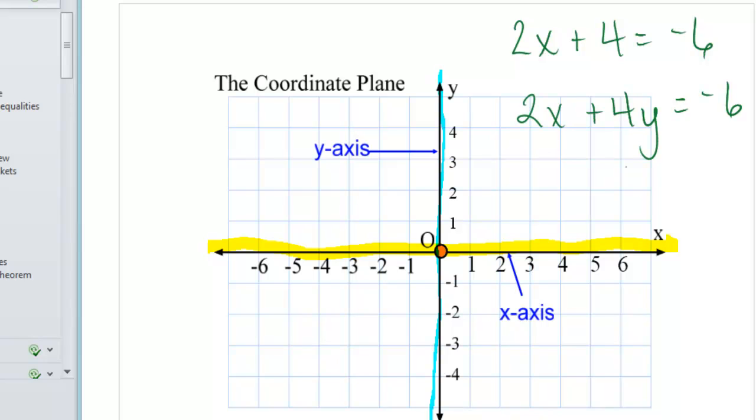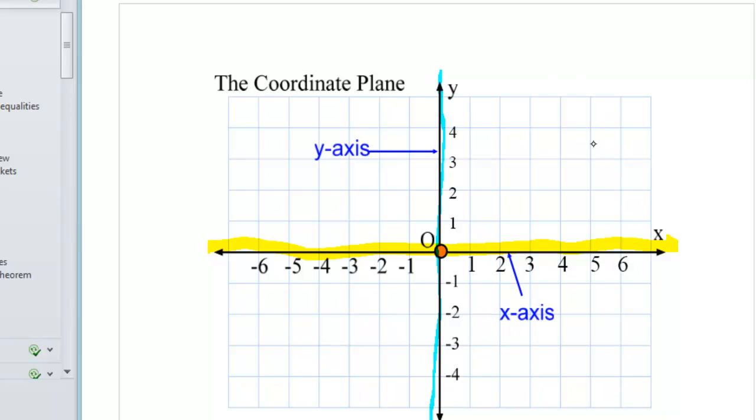Now that we have two variables in our equations, our answer will actually have an x value and a y value. So our x and y answers will come together to form what's called an ordered pair. We might call it a point, but it's really called an ordered pair or coordinate. That's why this is called the coordinate plane. It is a two-dimensional plane that has an infinite number of ordered pairs or coordinates on it.